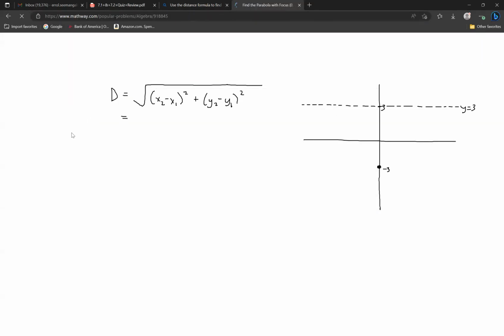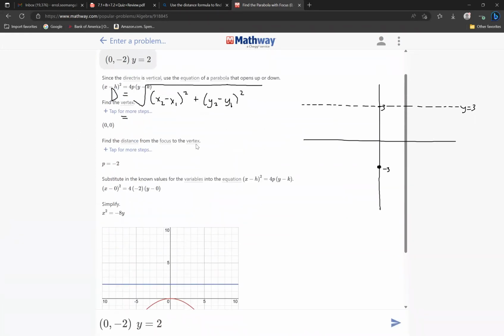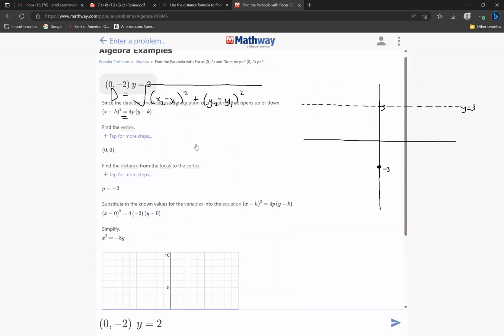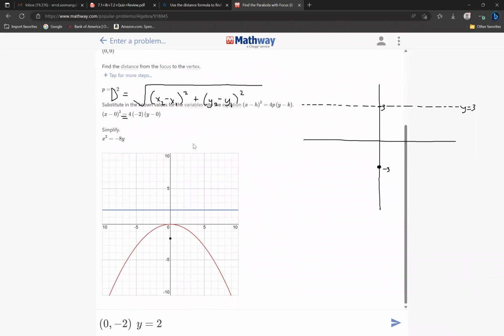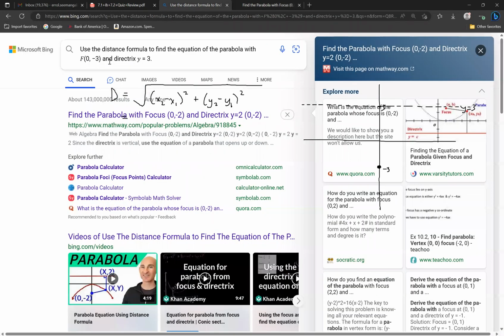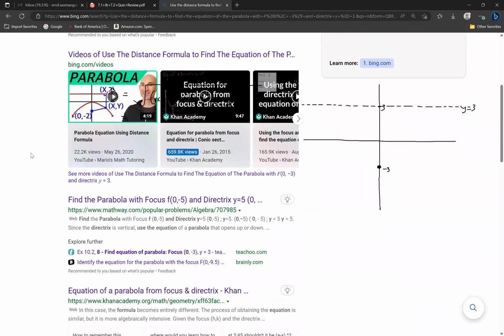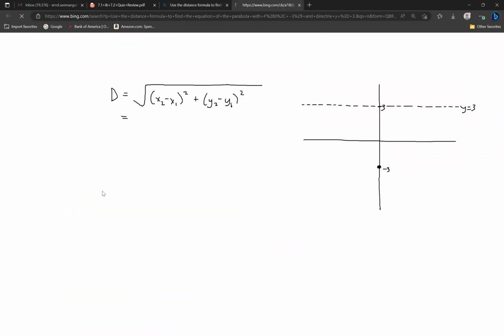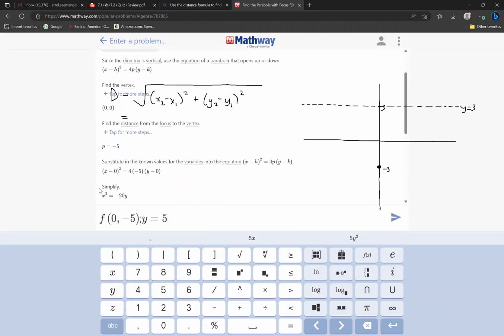Okay, so let's see what we got here. Find the parabola with focus and directrix. Since the directrix is vertical, use an equation of a parabola that opens up or down.